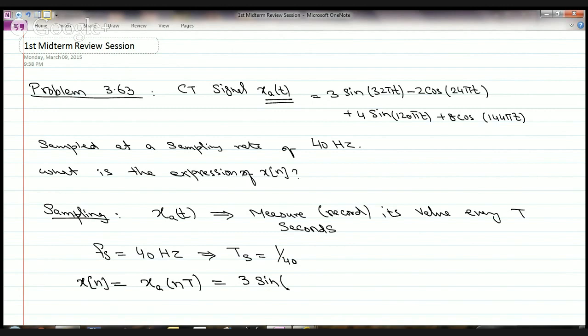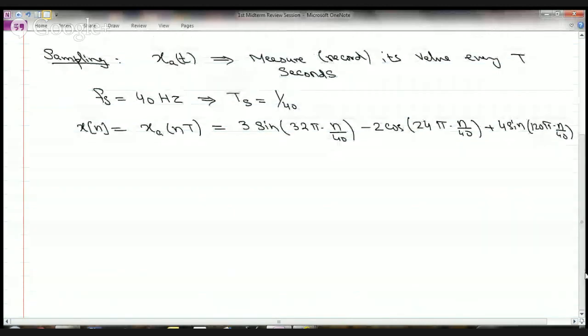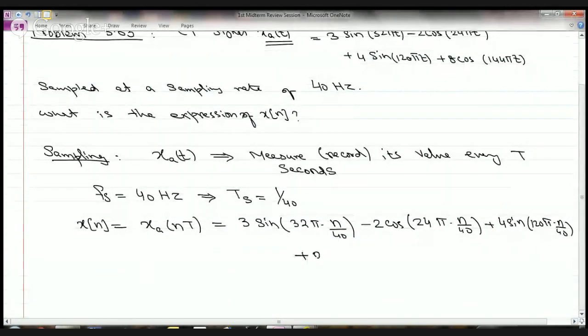So I get 3 sine of 32 pi times n by 40, minus 2 cosine of 24 pi times n by 40, plus 4 sine of 120 pi times n by 40, plus 8 cosine of 144 pi times n by 40.